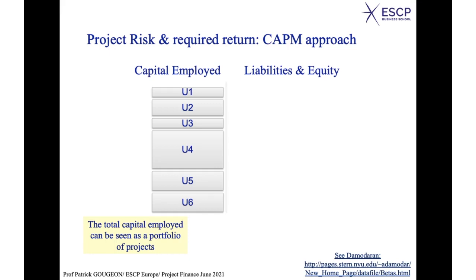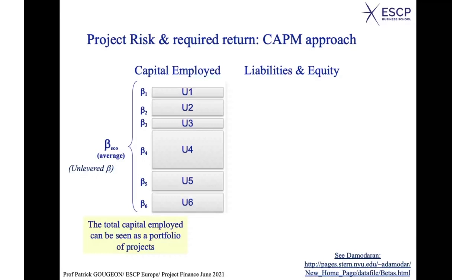For each of these activities, you have a level of risk, or more precisely what we call the systematic risk. I'm not going to explain again what the systematic risk is all about. I'm pretty sure you remember the CAPM.